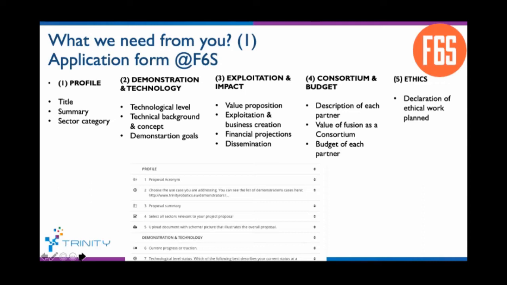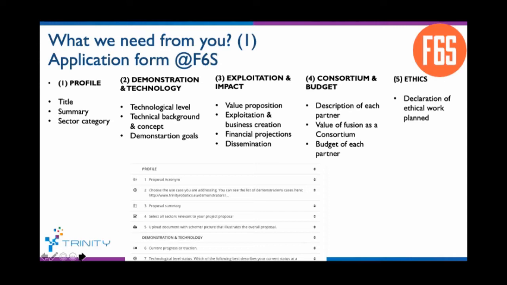So anytime you come back to the application, it will be in the same status as you left it last time. What we are basically asking, the 5 chapters of that proposal, you can really see in the F6S. I will not go through that because it's visible here. The most important thing I need to stress is that for a few questions you need to upload a particular file.